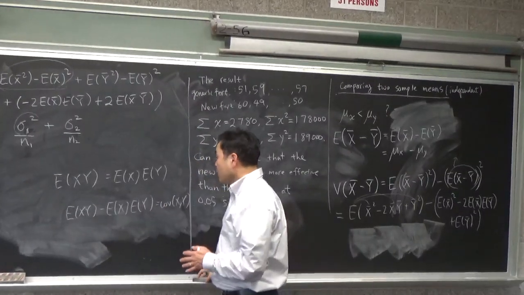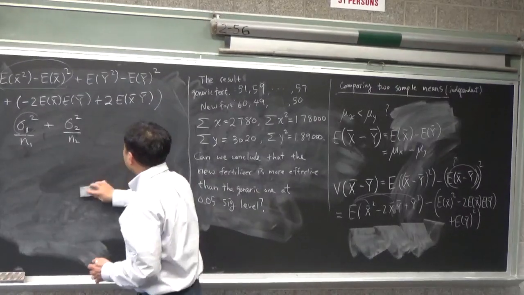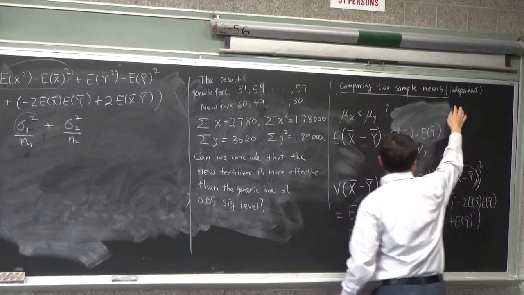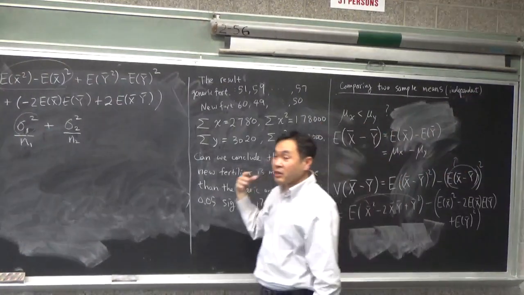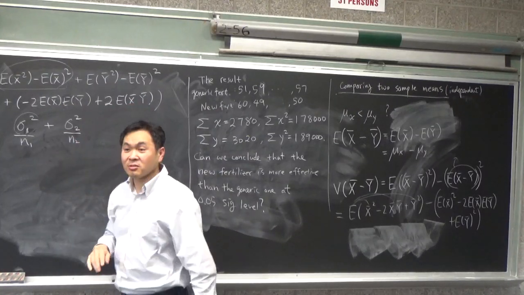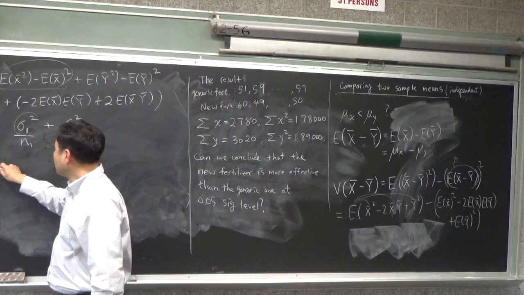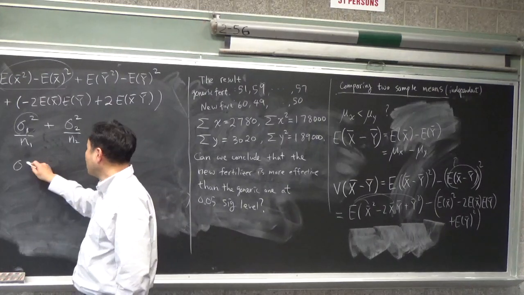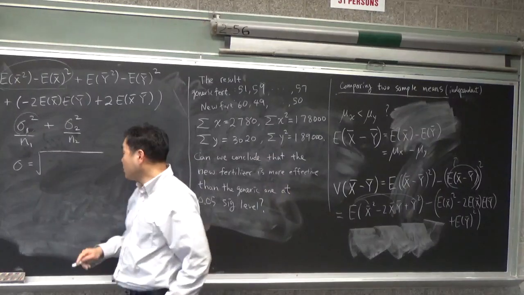Anyway, our assumption is that the two samples are independently sampled, so there shouldn't be any correlation between them, therefore this value should be zero, which means this is what we get.